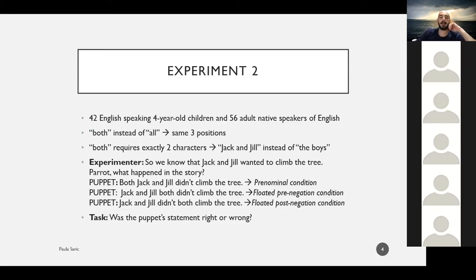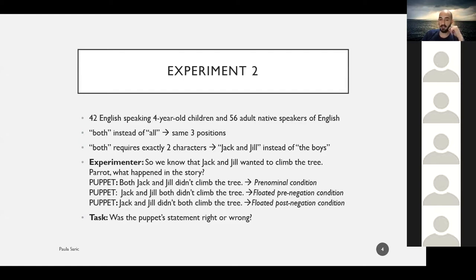And then finally, in their final control experiment, they found that changing from Jack and Jill to the boys again yielded a very low percentage of no answers in the third condition.